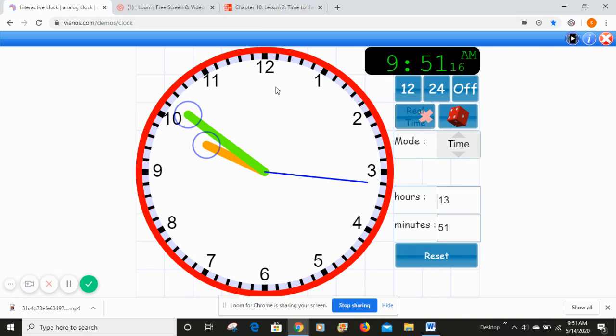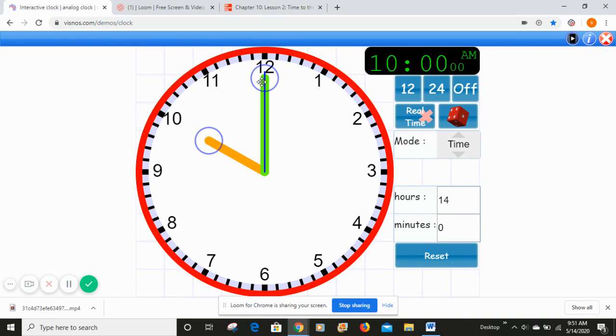So I'm going to take that off of there again. And I'm just going to put it at an hour. And since my minute hand is pointing straight to the top, I look at the time and it's 10 o'clock. But if I move that minute hand around down to here, now it's halfway around. So I can say it's either 10:30 or half past 10.